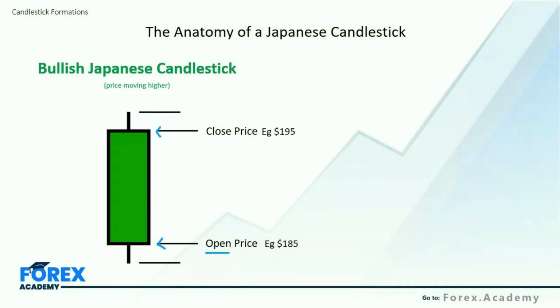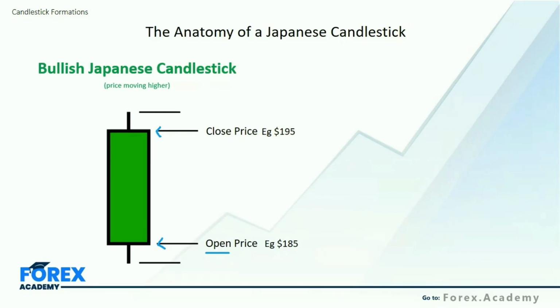Whatever time frame you're looking at, whatever time that particular market closes, it'll print a particular price. That closing price is quite significant. Let's say we've had an increase in price over the course of the day from $185 to $195. So we've seen a nice explosive move to the upside.